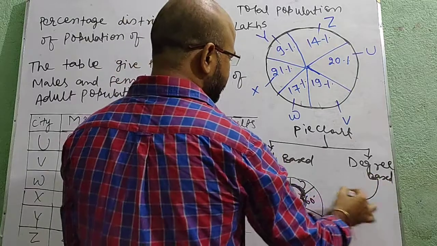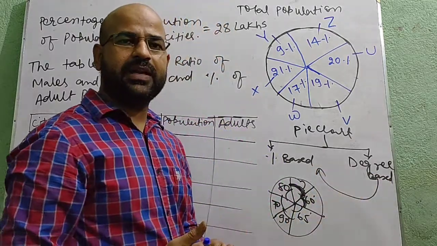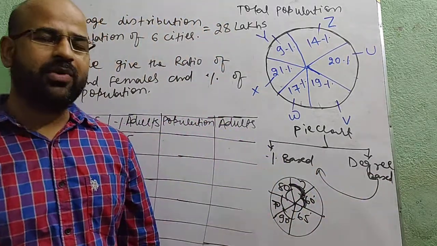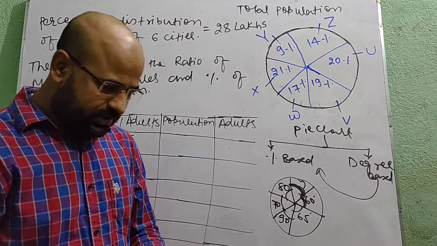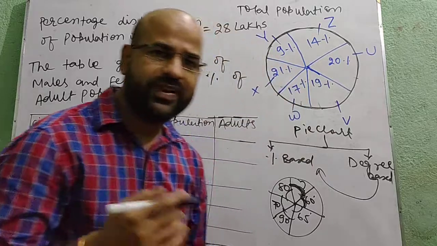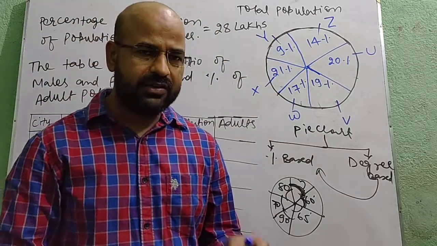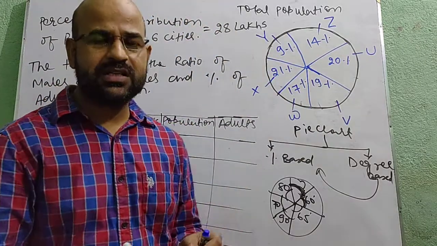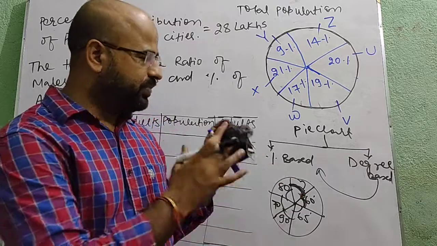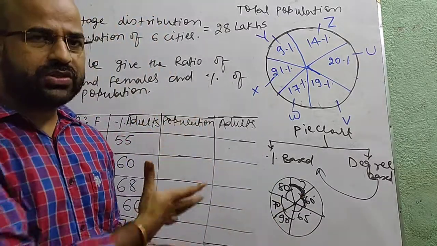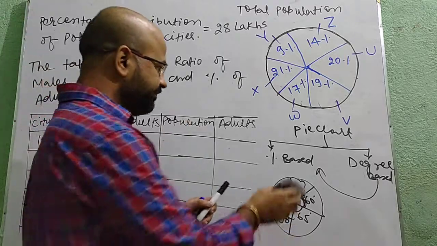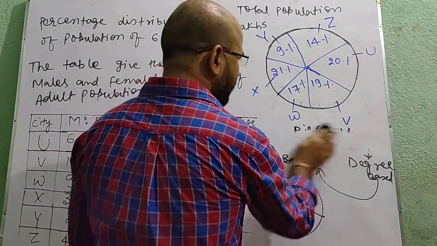Otherwise, if data is given in degrees and we have to go to percentage, how can we convert? These are the basic things which are very essential to learn the whole pie chart. So first of all we will discuss the conversion, then we will move to the questions that are written on the whiteboard.